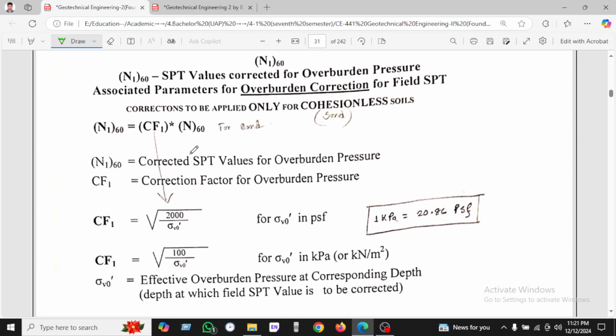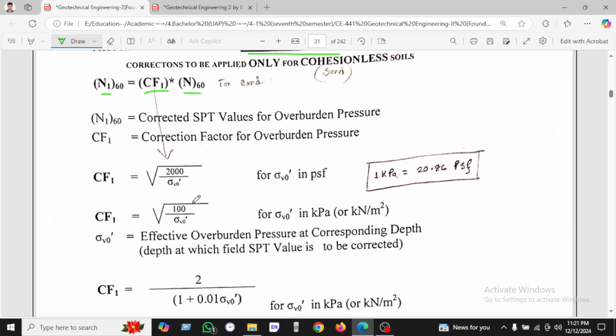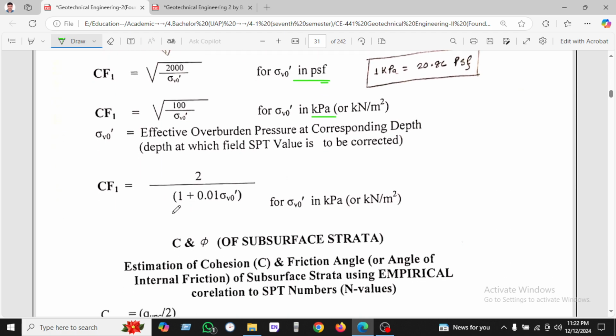So this is the formula for overburden correction. We have seen here N160 is CF60 into C1, where CN is the square root of 2000 divided by overburden pressure if in psf. On the other hand, if in kPa, then 100 divided by overburden pressure.